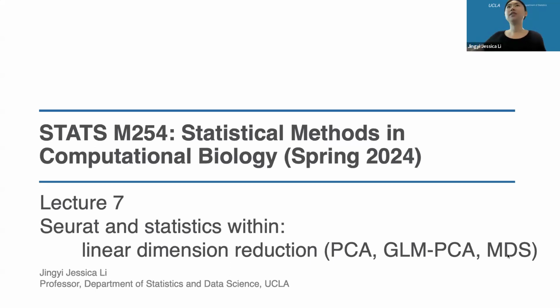And then MDS is trying to find some two-dimensional or three-dimensional embeddings of your observations so that in this embedding, in this visualization, because you can visualize 2D or 3D, the pairwise distances preserve the input pairwise dissimilarity. That's the goal of MDS.